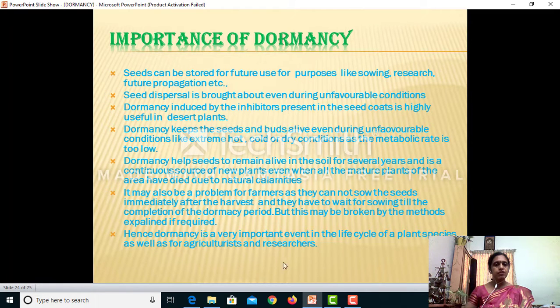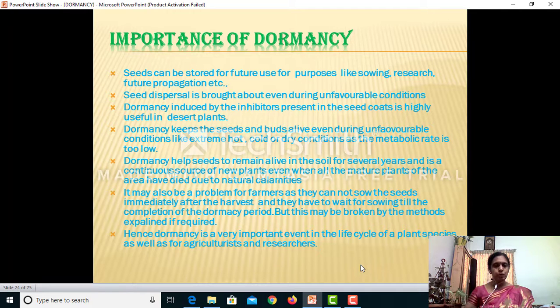Dormancy helps seeds to remain alive in the soil for several years and is a continuous source of new plants even when all the mature plants of the area have died due to natural calamities. It may also be a problem for farmers as they cannot sow the seeds immediately after the harvest, and they have to wait for sowing till the completion of the dormancy period.